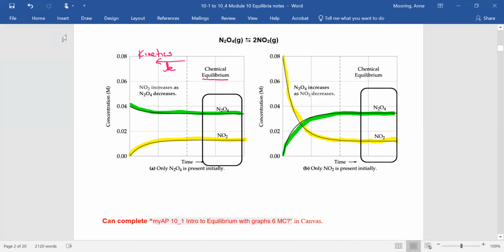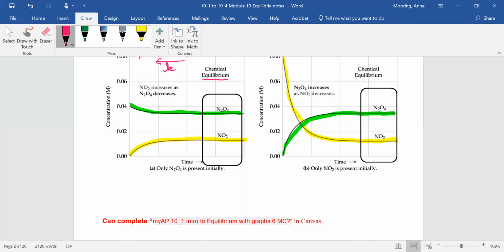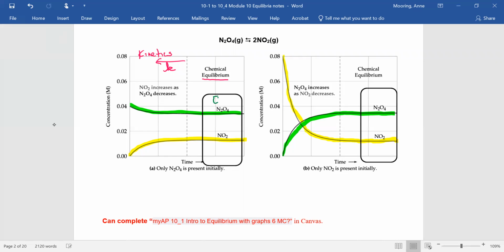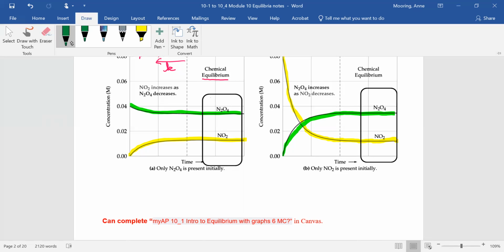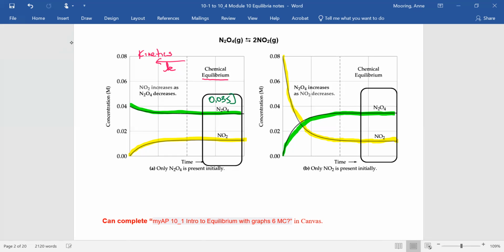If we look at these two graphs, for graph A, only N2O4 is present initially. And we end up roughly with 0.035 and 0.015 molar respectively of each of the species. So let me just go ahead and write this in. This is roughly 0.035 molar, and this is roughly 0.015 molar.